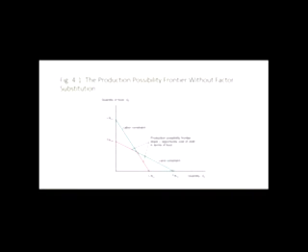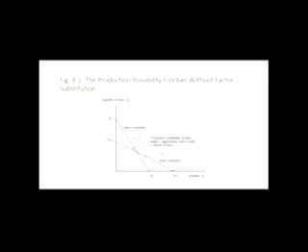Now, why is it bow shaped? The basic reason is that now we have two factors of production, and when keeping one factor of production constant and increasing the other factor, we have decreasing marginal productivity. For example, we have the factor of production land, and we have the total output of food QF.